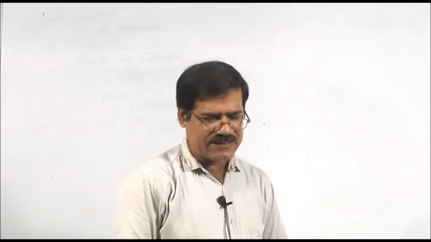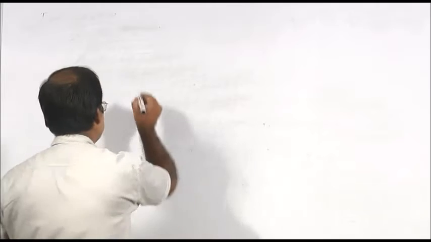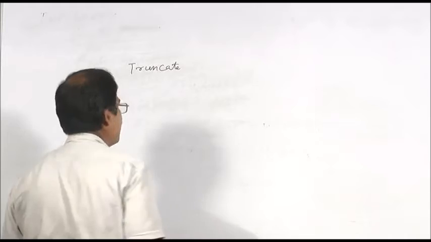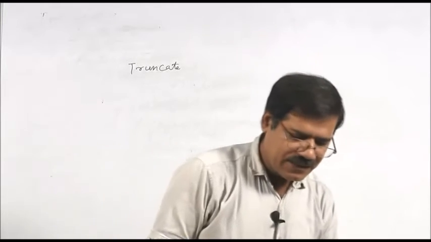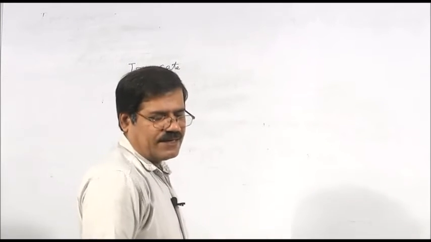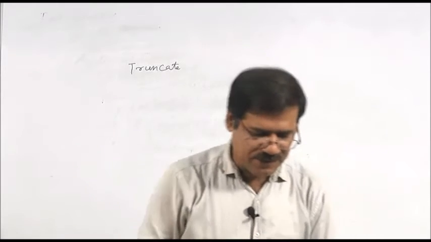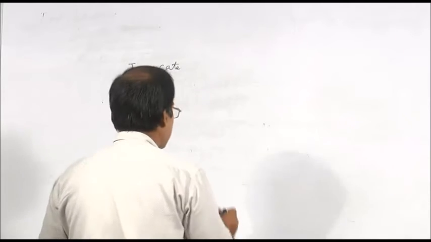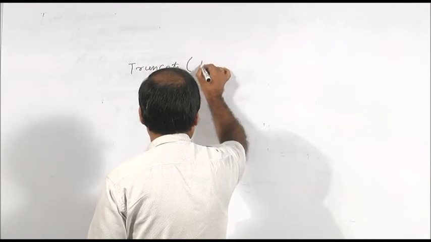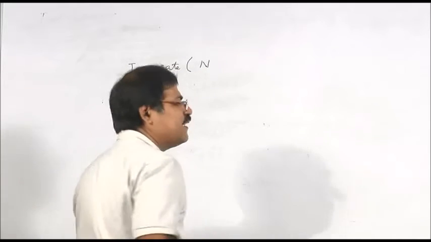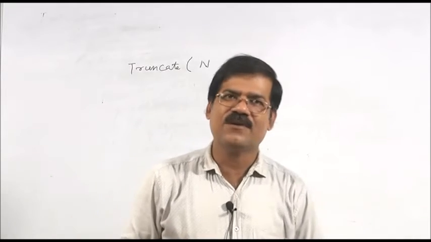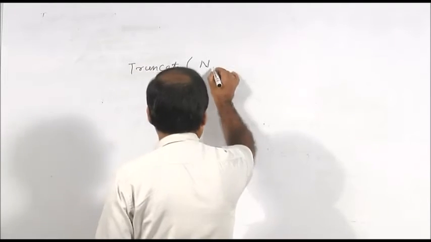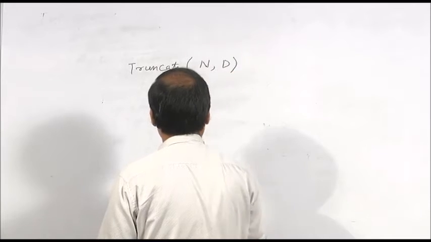Then another function is truncate. How do you write it? You write truncate(n, d). N is a decimal number, and d is how many places after the decimal point I will keep.